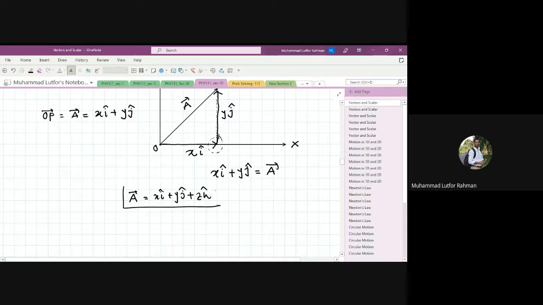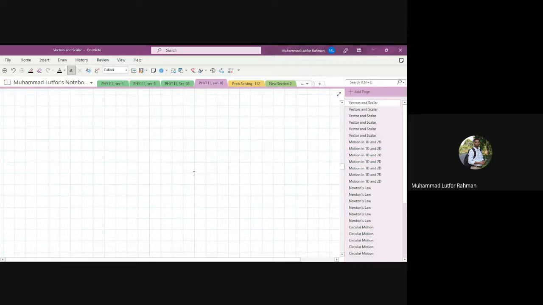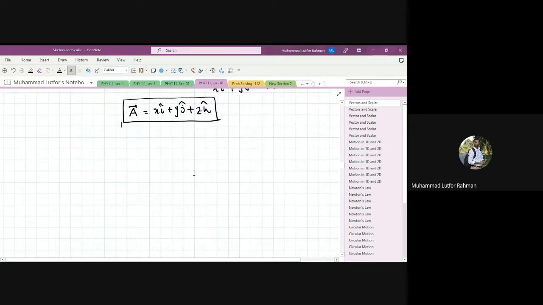It's exactly the same way, and we'll express it step by step. So that's how we express a vector in the Cartesian coordinate system in terms of the unit vectors i, j, and k.